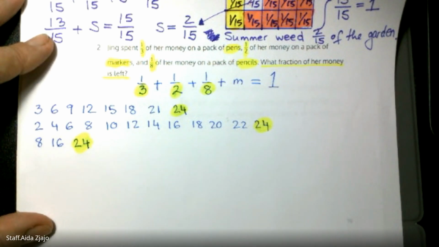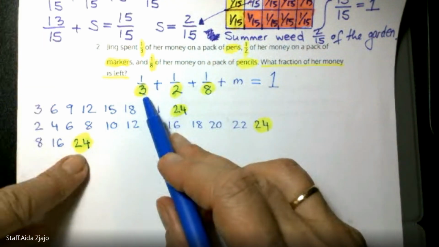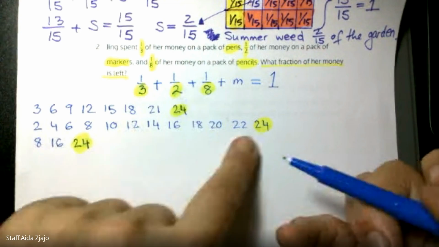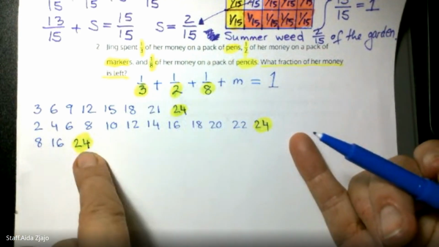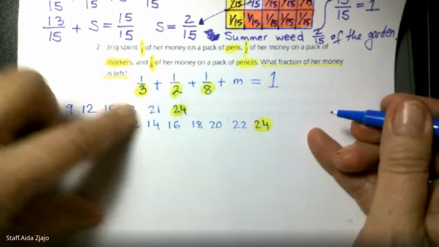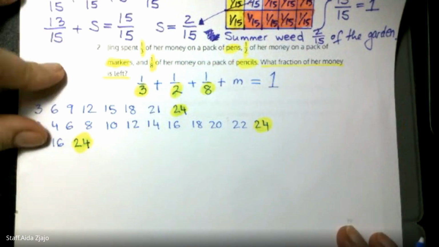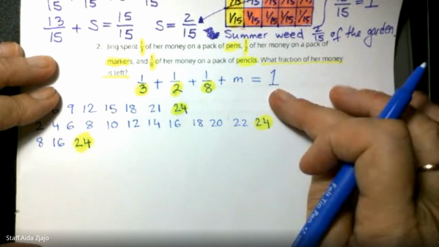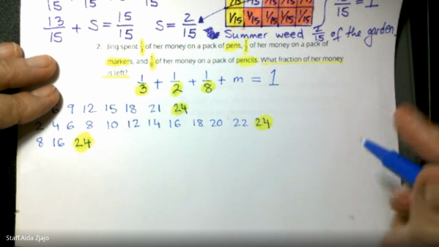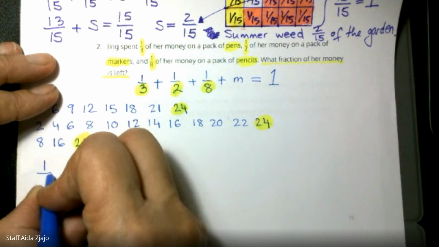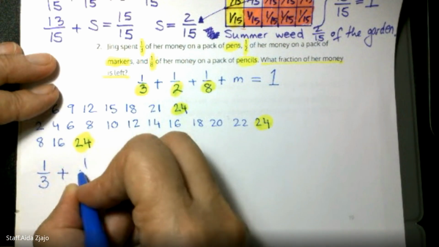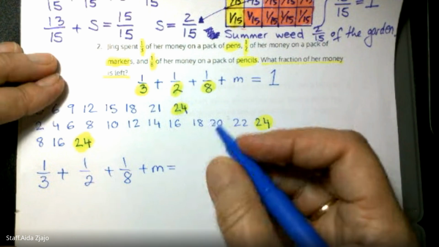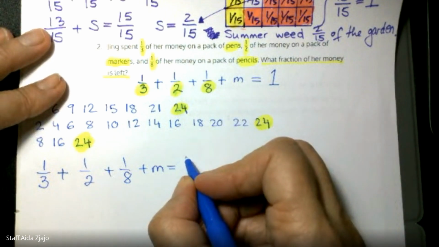So what this means is that I need to change thirds into 24ths, I need to change halves into 24ths, and I change eighths into 24ths. So let's use this. I'm going to rewrite my equation, and the whole has to be also in terms of 24ths. So I'm going to rewrite 1/3 plus 1/2 plus 1/8 plus M must equal the whole.